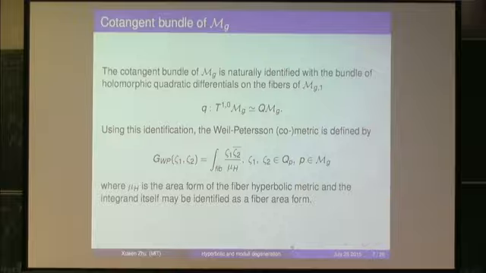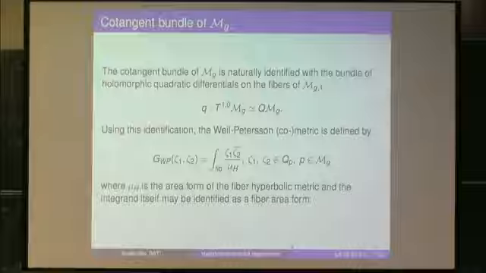And more importantly, this Weil-Petersson metric, defined on the cotangent space, is given by the following push-forward formula: we take two holomorphic quadratic differentials, we take the inner product, then we divide it by the area form of the fiber hyperbolic metric. Then we do the integration over the fiber. This will give us a metric.